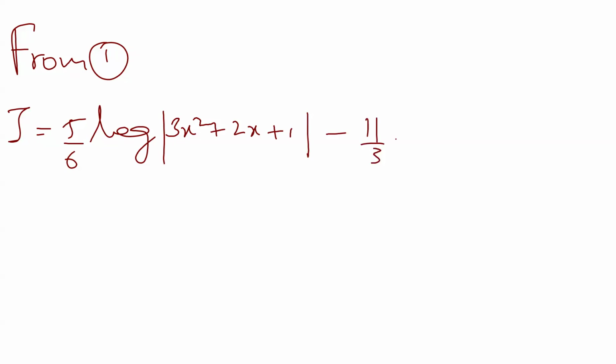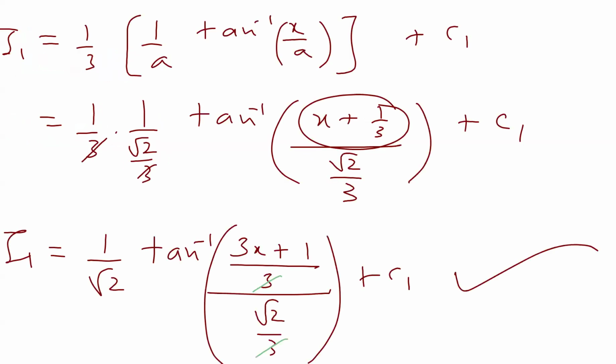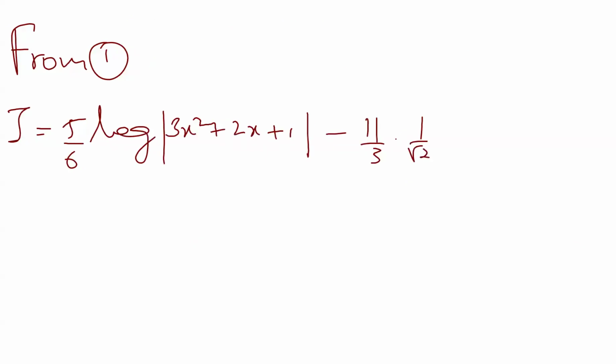Now the answer of I1 we got is 1 by root 2 tan inverse (3x plus 1) upon root 2.